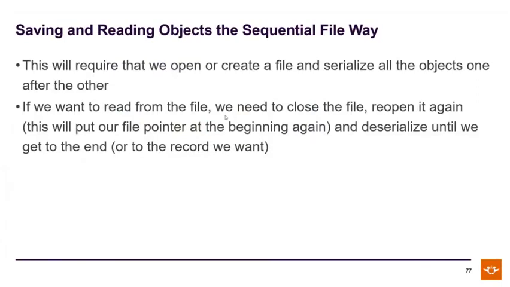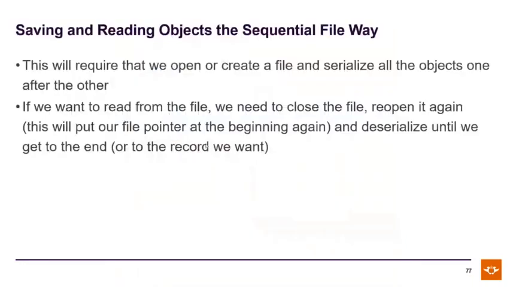Keep in mind, it's in sequence. To get something, you need to read from the start until you get to the object you want. If we want to read from the file, we need to close the file and reopen it. This puts our file pointer at the beginning again, and we deserialize until we get to the end or to the record we want.